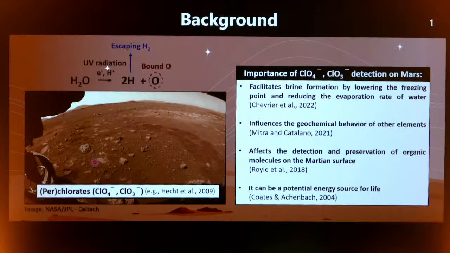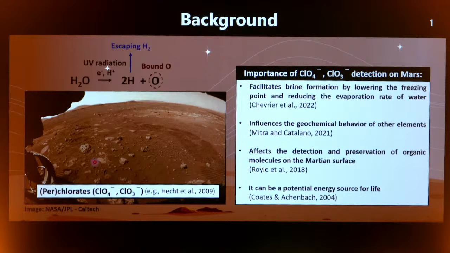For example, they can impact the stabilization of liquid water by brine formation. They can impact the chemical cycle of other elements like iron. They can affect the detection of organic molecules under certain conditions.